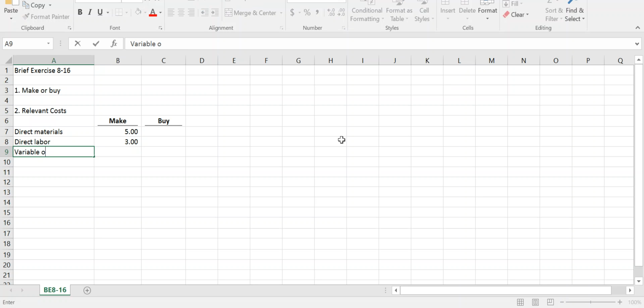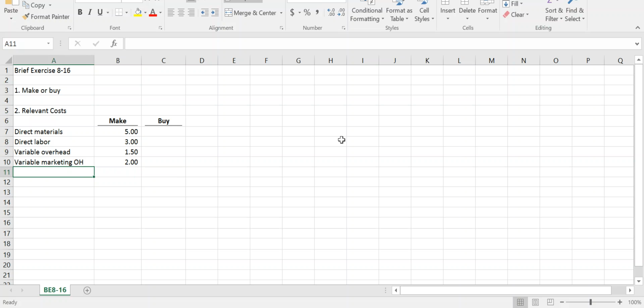We have variable overhead that we're going to have if we in fact make that product of $1.50. We're also going to have our variable marketing overhead. They told us it would be $2. And then they told us that our fixed overhead is $6 a piece.